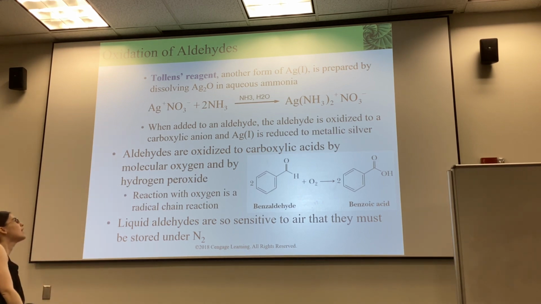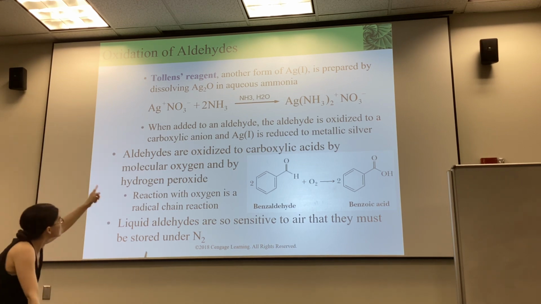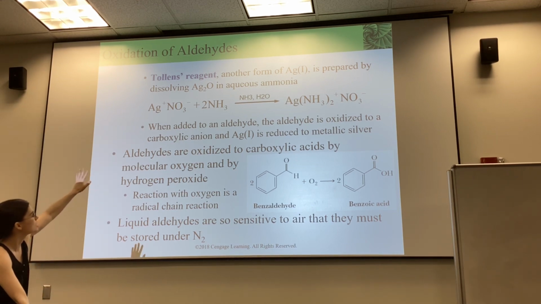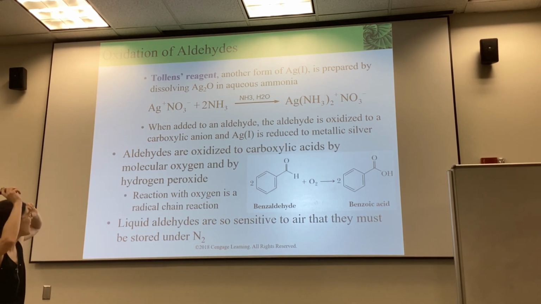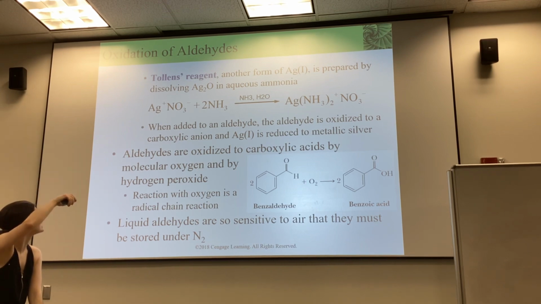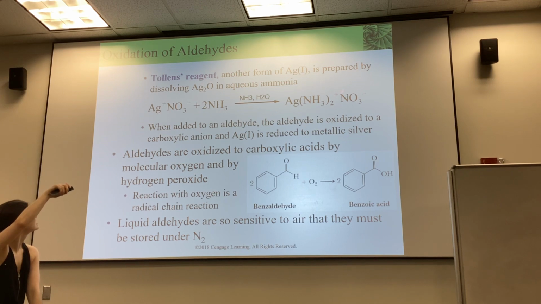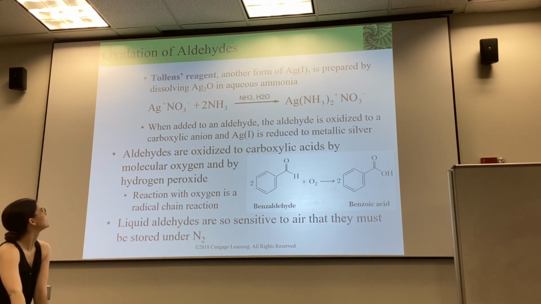It's another form of silver 1. So instead of using straight up silver 1 oxide, you're going to dissolve that in aqueous ammonia, so you basically end up with this guy. They say silver 1 oxide, but this to me looks like you're dissolving silver nitrate in ammonia so that you don't have to deal with silver oxide at all.